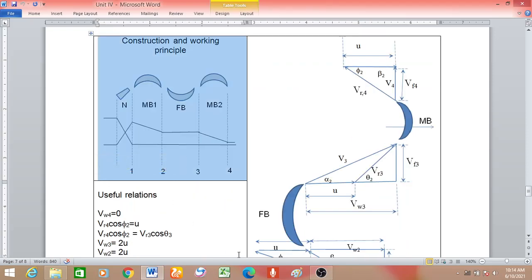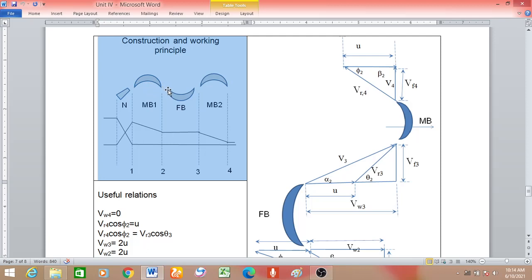what I have shown here. Previously we have seen only the nozzle and moving blade. Here I have moving blade 1, that is the first set of moving blades. Moving blade 2 represents the second set of moving blades. In between I have a fixed blade. The fluid will leave the nozzle and go through the moving blade, so its direction changes.